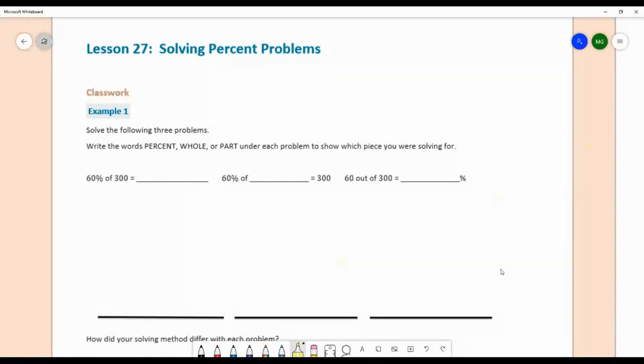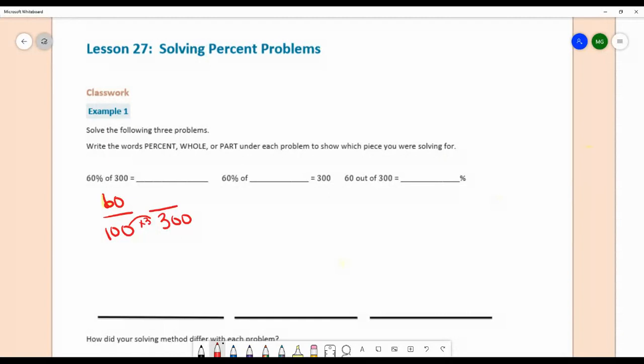Write the word percent, whole, or part under each problem to show which piece you were solving for. So on the first one, how could we solve for this? Well, if we knew that our 60% out of 100, and we know that we need to get to 300, how do we get from 100 to 300?